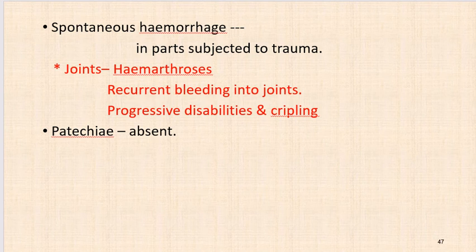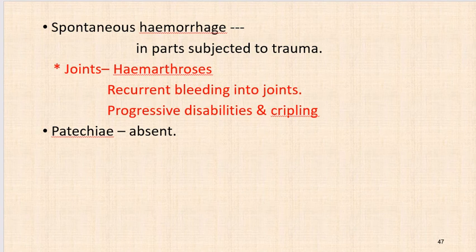And whenever he hurts his knee joint, there is bleeding into the joint, that is, hemarthrosis occurs. By falling on the ground again and again, recurrent bleeding occurs into the joints, and this leads to progressive disabilities and crippling of the patient.